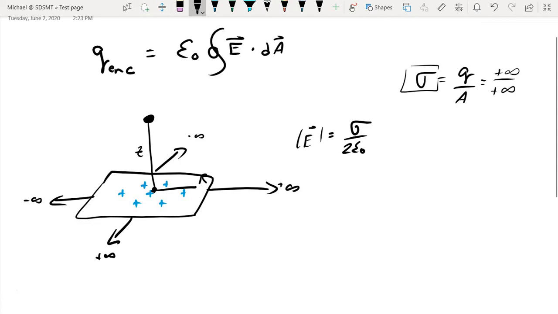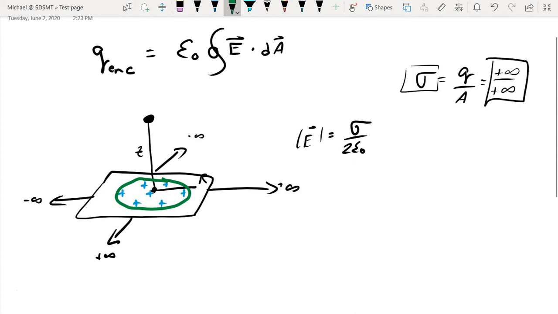Well, to do that, first of all, you don't try to take a ratio of the entire sheet. Instead, you take a sample of that sheet, like a disk.